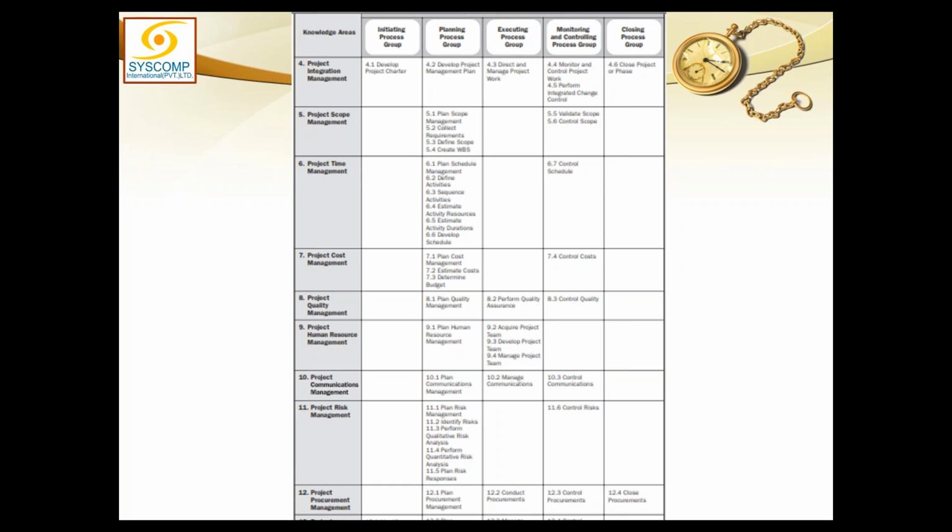Quality assurance can find bugs, it can find problems in the processes and fix them. This is quality assurance's job. That is why, although the project is being executed by direct and manage project work, the processes being executed are assured here. That is the reason why quality assurance has to be there in execution. I'll talk about control later.